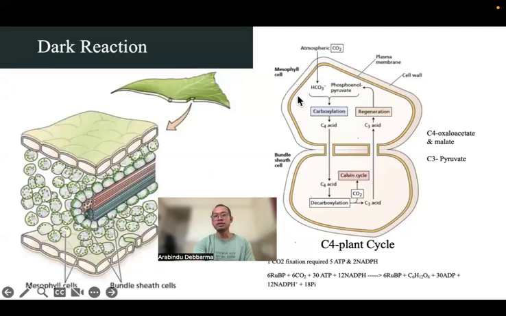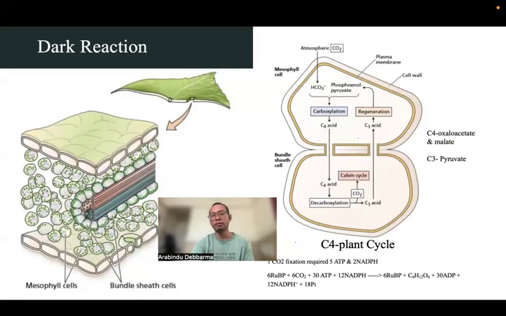Now, in C3, it is the mesophyll cell where this CO2 fixation occurs. In the case of the C4 plant, the mesophyll cell will take the CO2 from the atmosphere, and in the presence of phosphoenol pyruvate, the carbon dioxide will be fixed to the phosphoenol pyruvate and converted into C4 acids, which are oxaloacetate and malate.